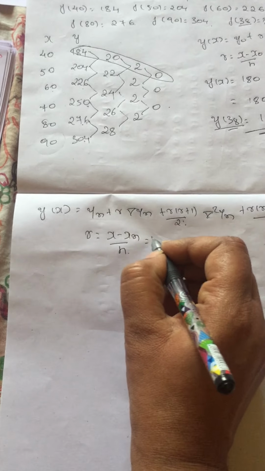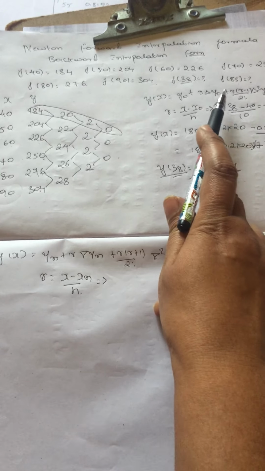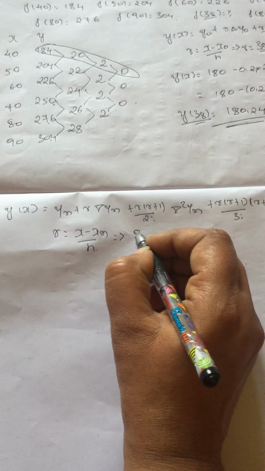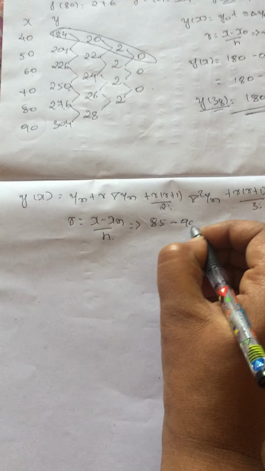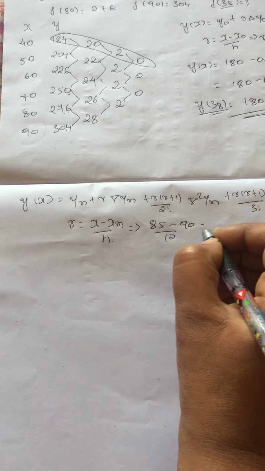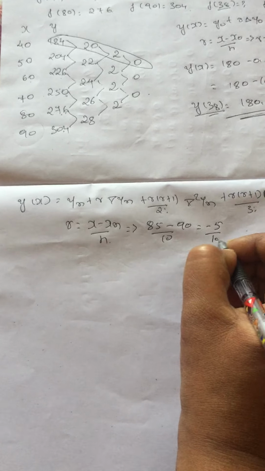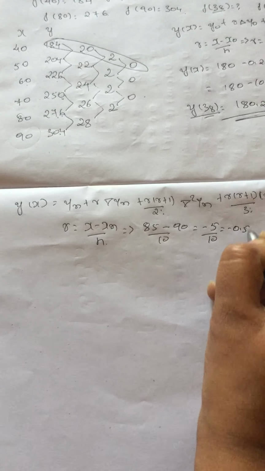So for f of 85, 85 minus xn value 90, h value 10. 85 minus 90 is minus 5 by 10, that is minus 0.5.